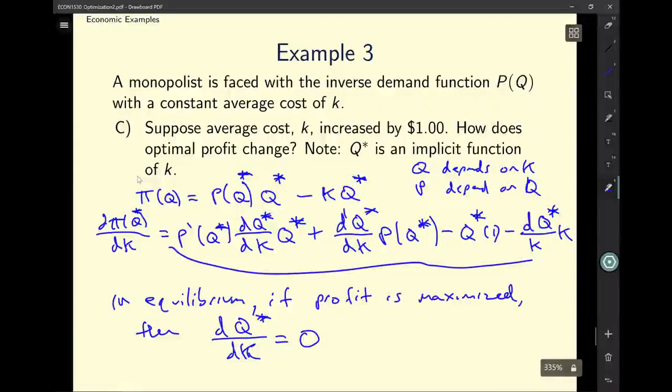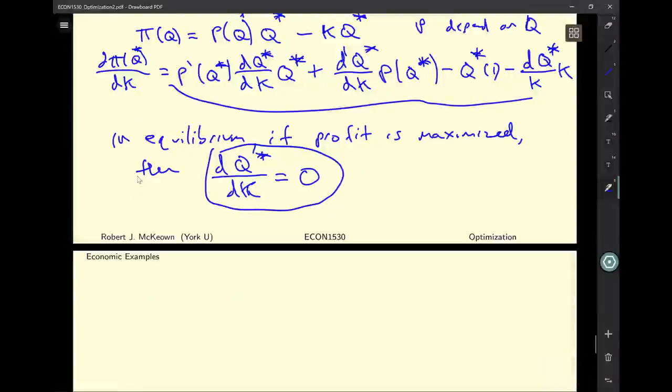That is to say, in order for Q star to be an extreme value, a maximum, this condition must hold.